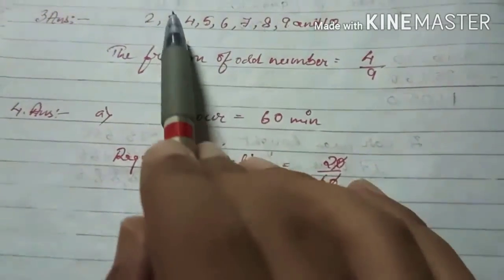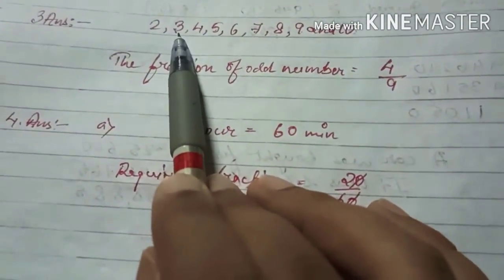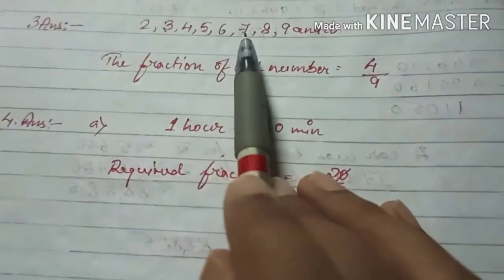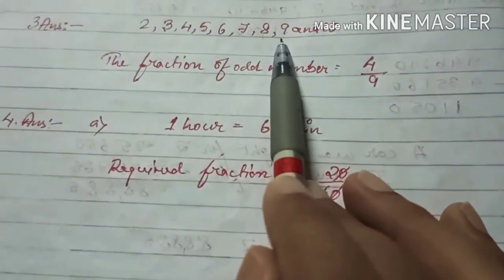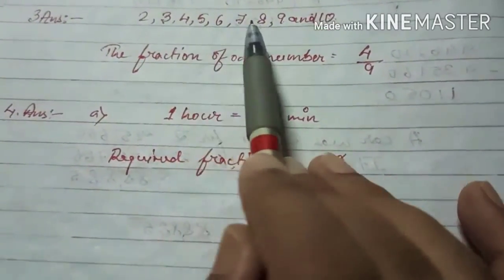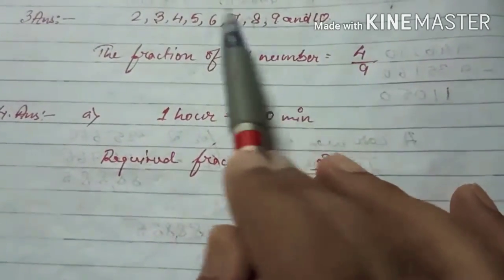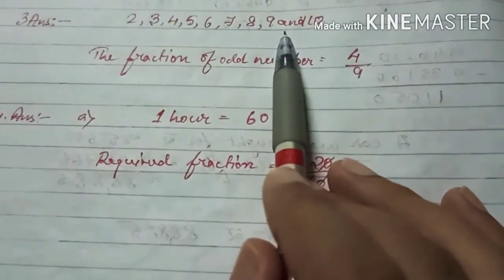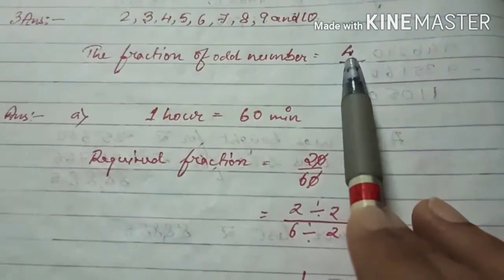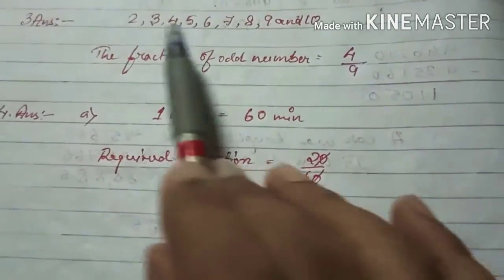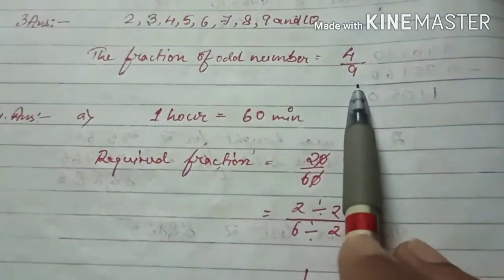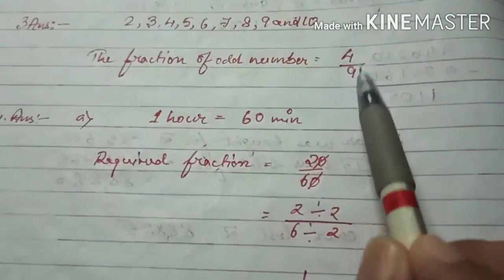How many odd numbers are there? If you see, 1 2 3 and 4 odd numbers are there. 3, 5, 7 and 9 are the odd numbers and the rest are even numbers. So the odd numbers are 4. Total 4 odd numbers, and how many numbers are there in total? 9 numbers. So the answer is 4 by 9.